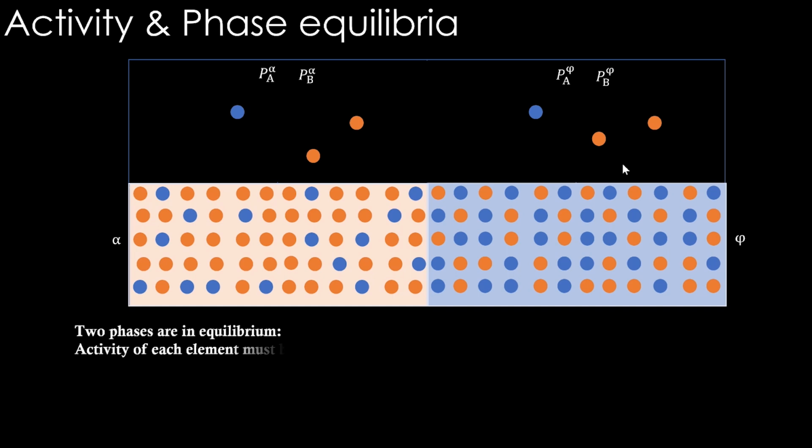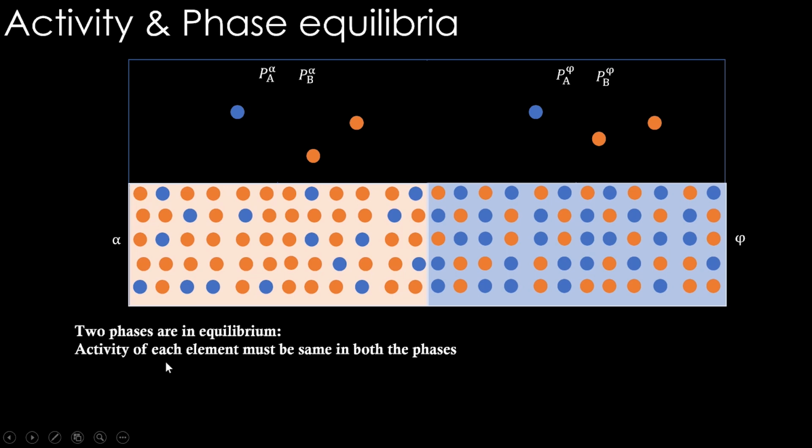If two phases are in equilibrium, activity of each element must be same in both the phases. So if you calculate activity of A on this side, PA alpha divided by PA standard and PA phi divided by PA standard, you are going to get the same value. Similarly, for PB alpha and PB phi also you will get the same value.